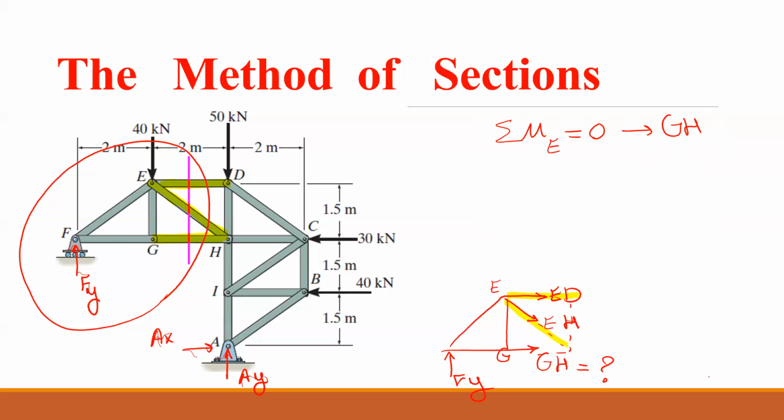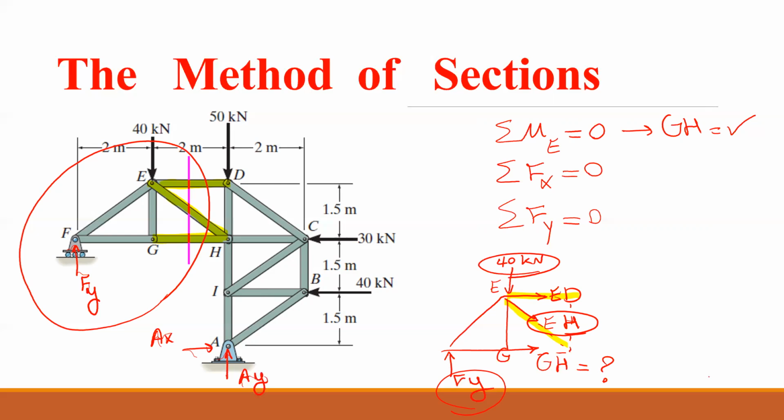After I found GH, if I use sum of Fx equals 0, or sum of Fy maybe first. I use sum of Fy equals 0; the only Fy components I have are this Fy and also the Fy component of this. Of course, we have 40 kilonewton here. We shouldn't forget about this one.